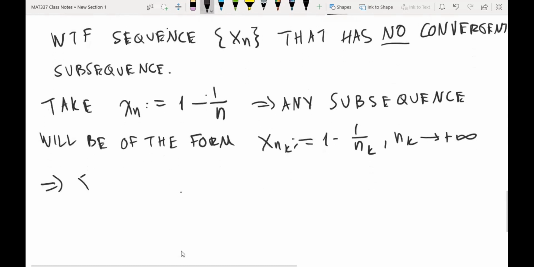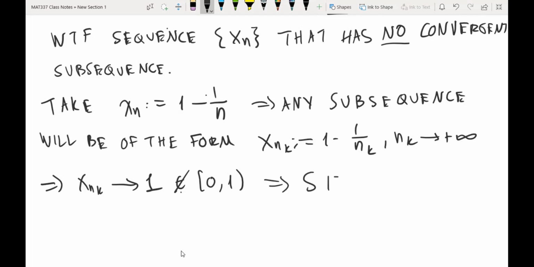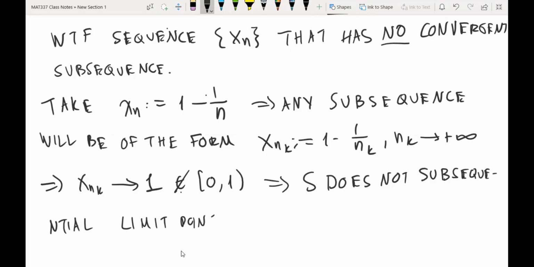And so x_{n_k} goes to 1, which is not in [0,1). And so S does not contain subsequential limit points. S is not compact.